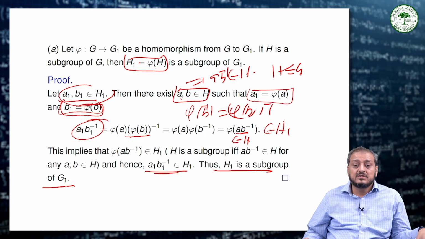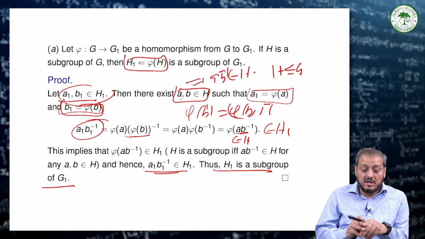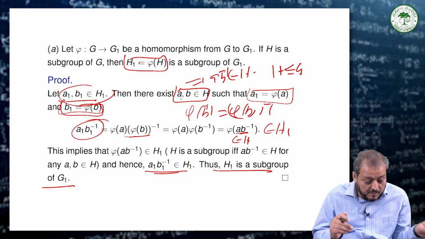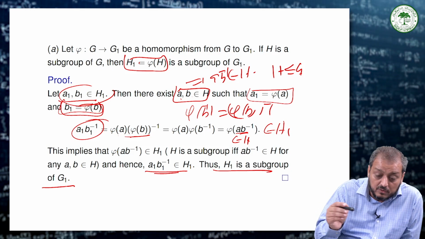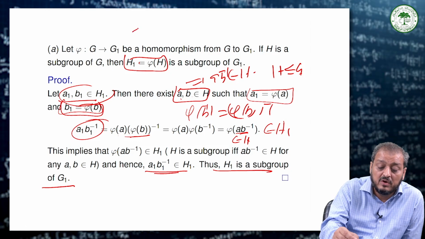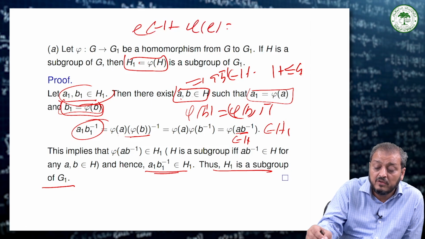First, we can simply say that if we take two elements A and B of H1, this is clearly non-empty, because H1 is equal to the set of E1 where E is an element of H and phi of E is equal to E1.